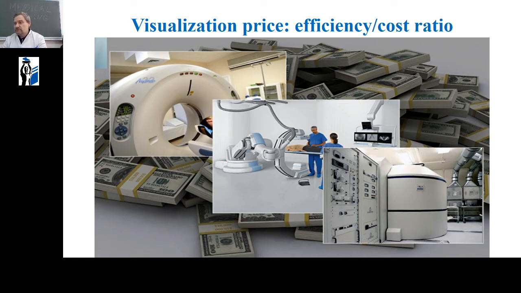However, the costs of treating diseases, especially cancer, in the late advanced stages are very high. There are the costs of surgical treatment, radiation and chemotherapy. An expensive diagnostic technique that allows you to diagnose the disease at an early stage leads to savings in the treatment of late stages of the disease.